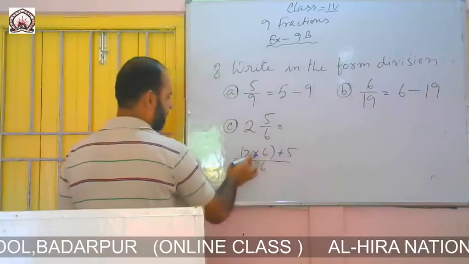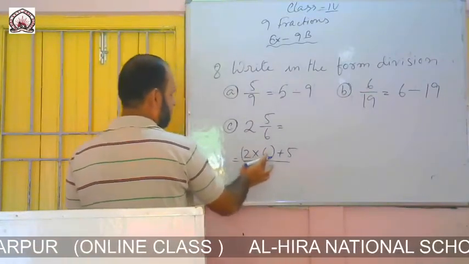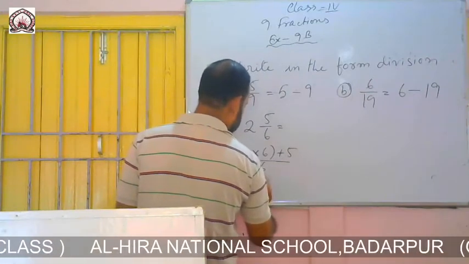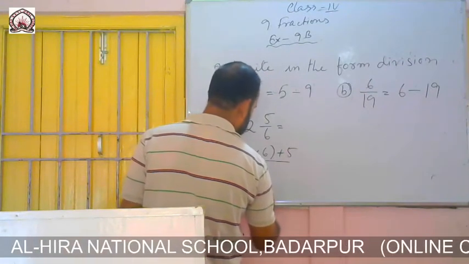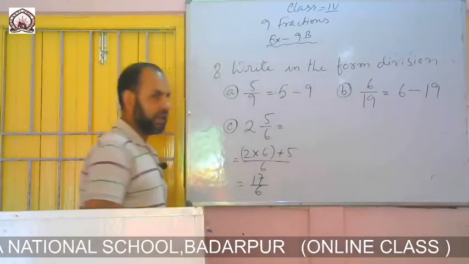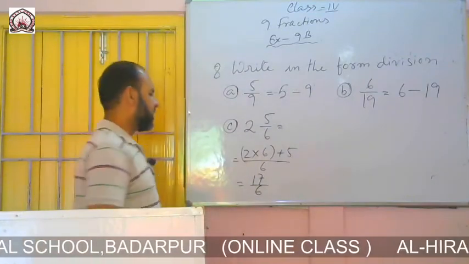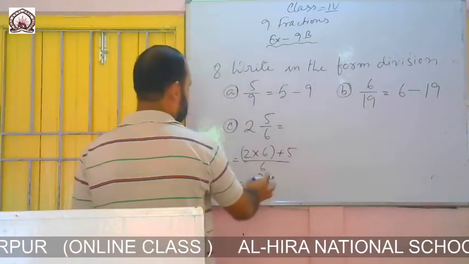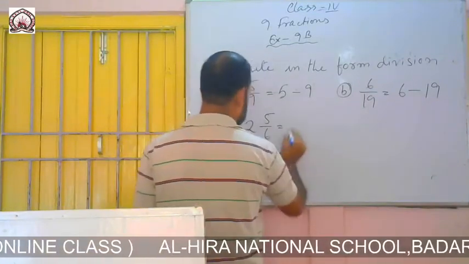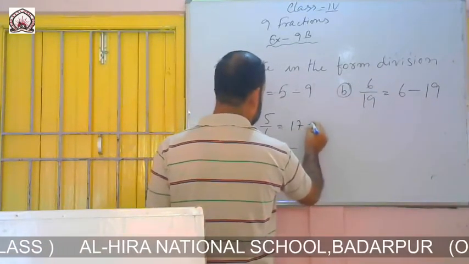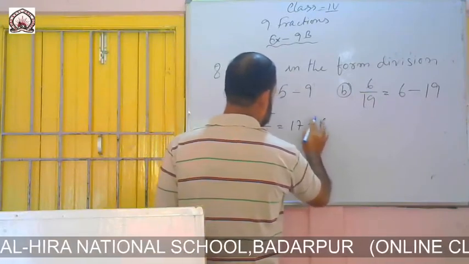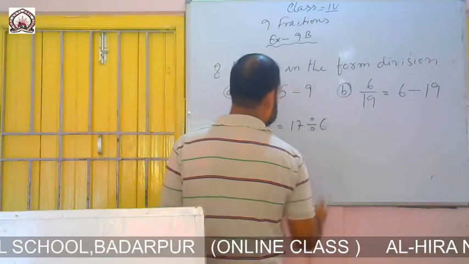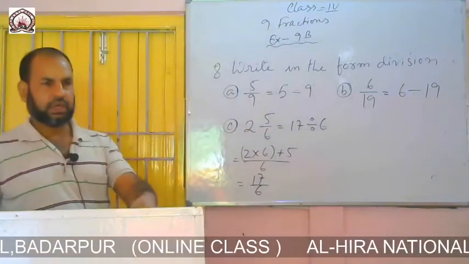So here 6 twos are 12, 12 plus 5 is equal to 17, 17 by 6. Now we write it in the form of division. So here the numerator is 17, 17 divided by 6.